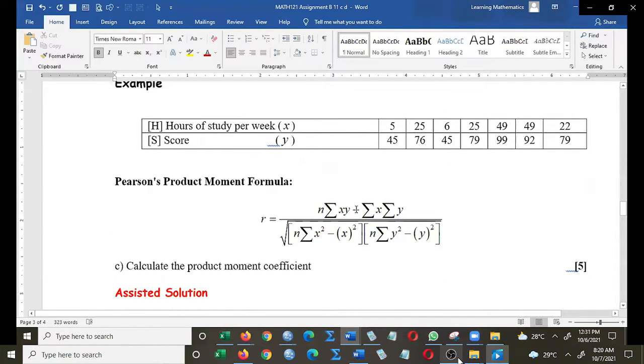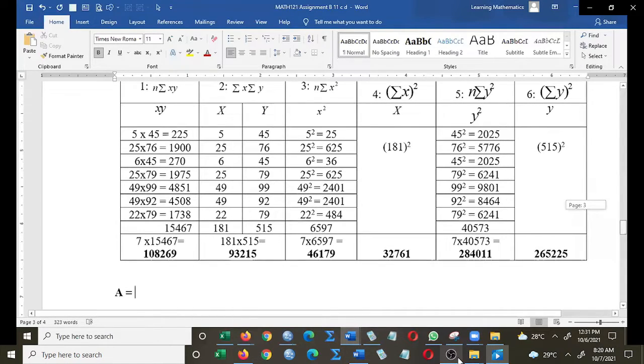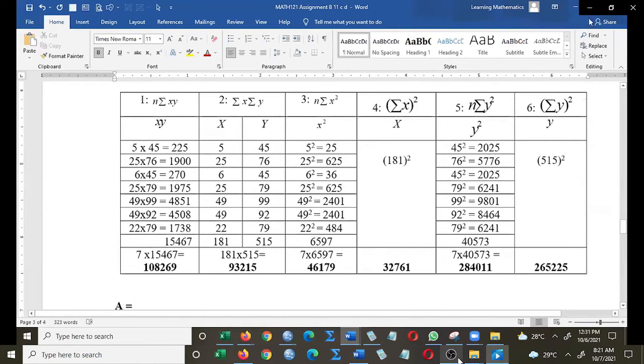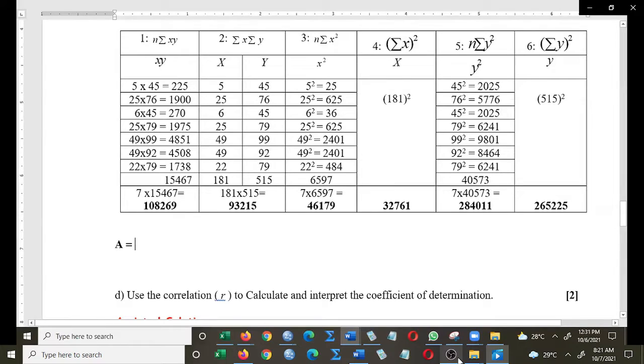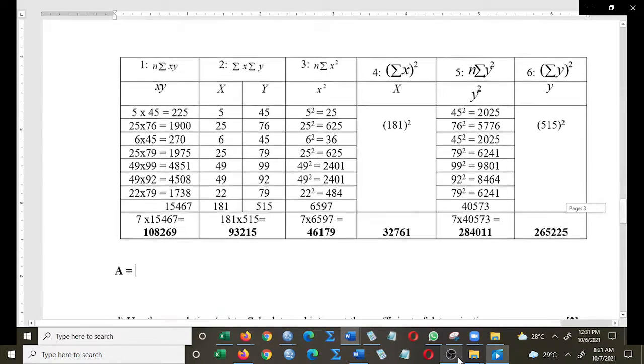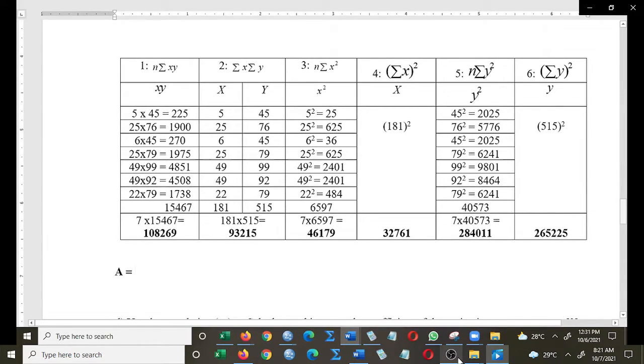The first number minus the second number, let's call it A. The third number minus the fourth number, let's call it B. The fifth number minus the sixth number, let's call it C. So how do we calculate A? Anybody?